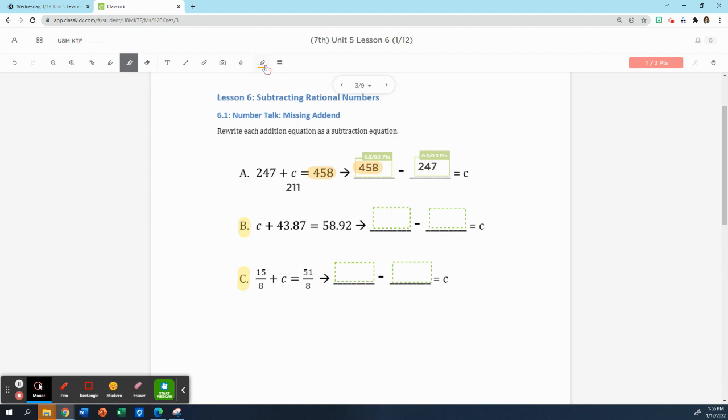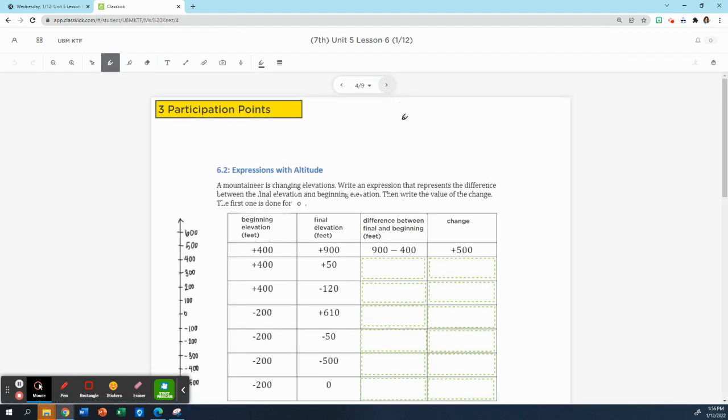We subtract 247 from 458, and that tells us our missing number, which in this case is C. If we flipped the order of what we were subtracting, for example, if you had accidentally put 247 here, you would get a negative number, which would not be the correct value for C, because if you added a negative number to 247, you would not end up with 458. The key takeaway here is that the order that we subtract matters. Meet me on slide 4.